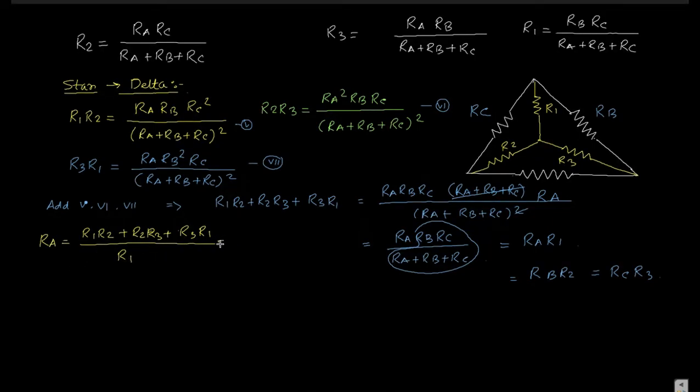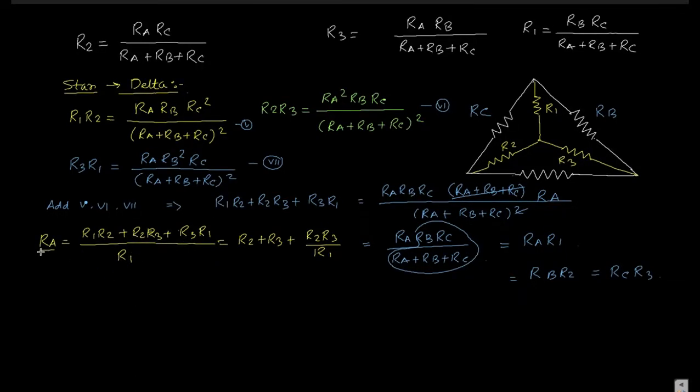If you segregate this equation, it becomes R2 plus R3 plus R2 R3 by R1. Is it? R1 R2 by R1, R1 cancels out; R2 R3 by R1; R3 R1 by R1, R1 cancels out, R3.